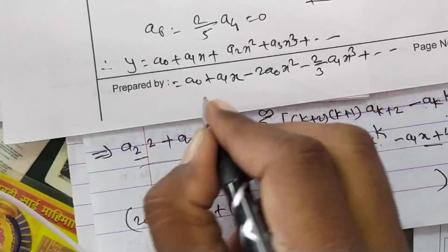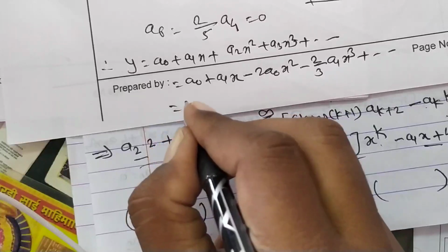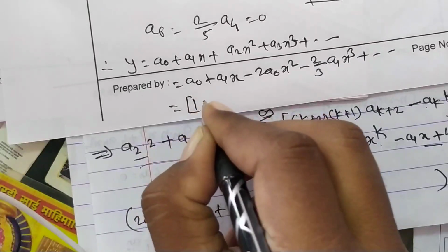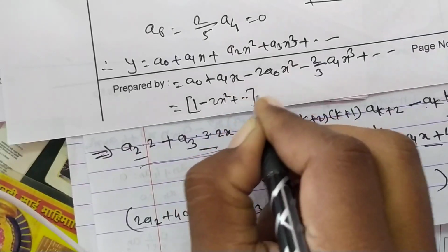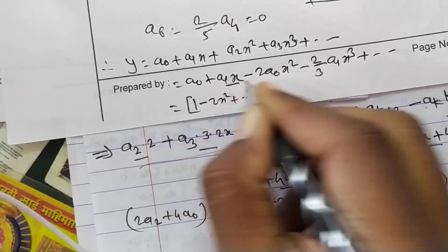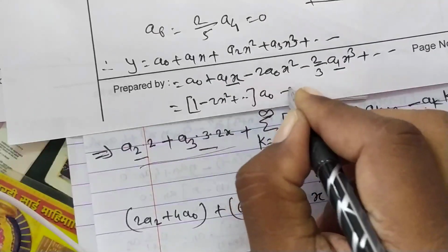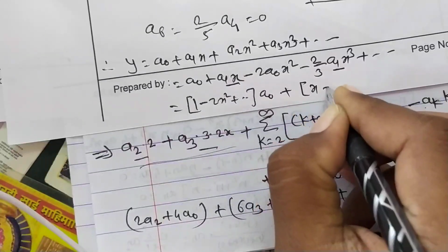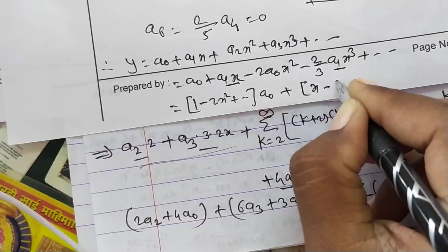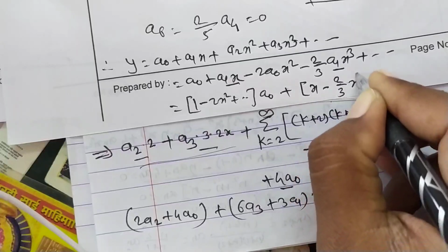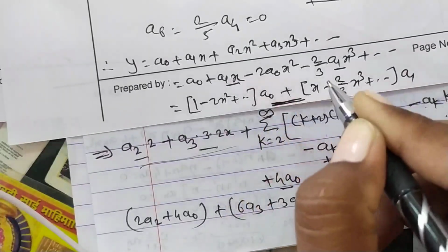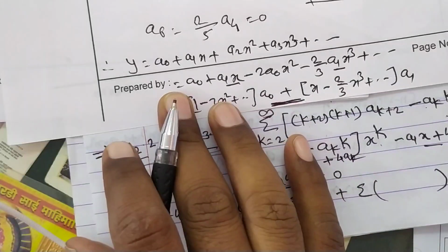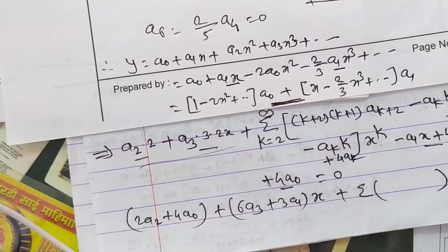Now from this you can take a0 and a1 common. If you take a0 common, we get (1 minus 2x square plus so on) into a0, and from this we take a1 common, so plus (x minus 2 by 3 x cube plus so on) into a1. So this is the final solution of the given linear differential equation.